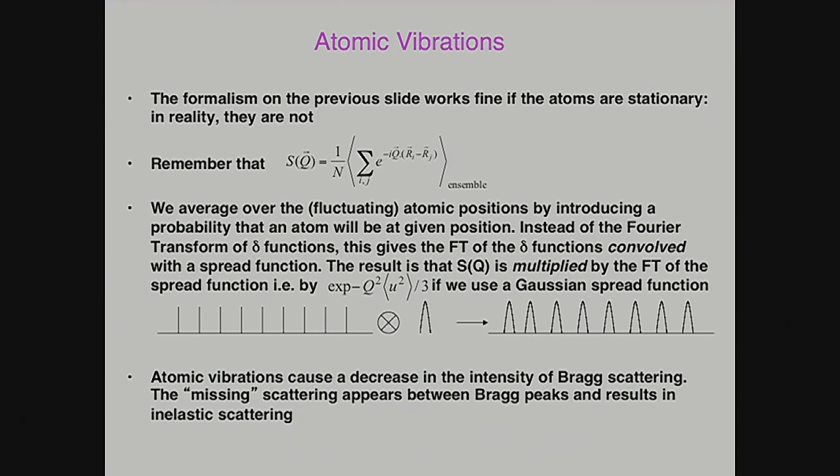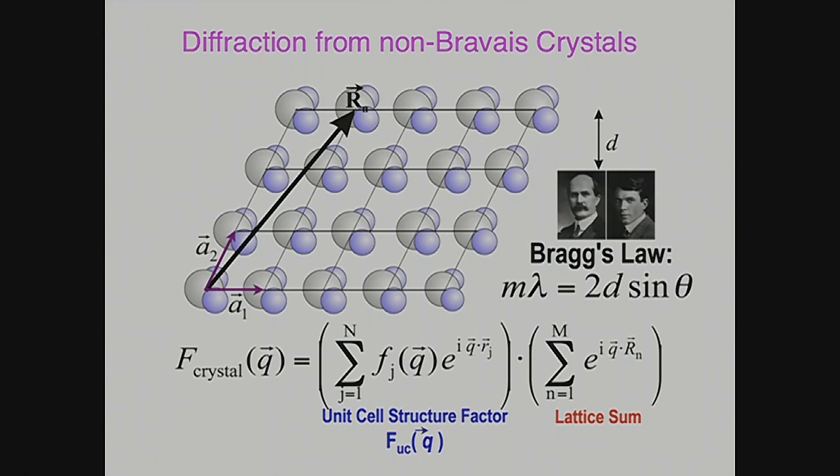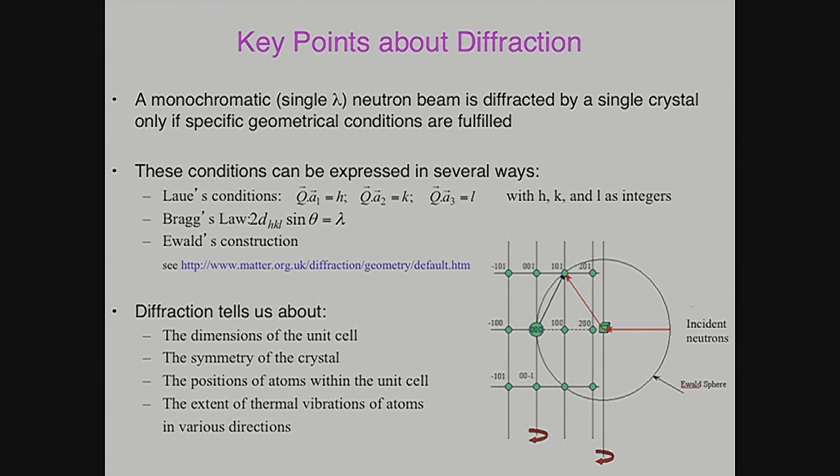Okay. Well, this is Bragg's law. We've already talked about that. There are 3 ways of looking at this. Bragg's law is the one that I have just talked you through, more or less.